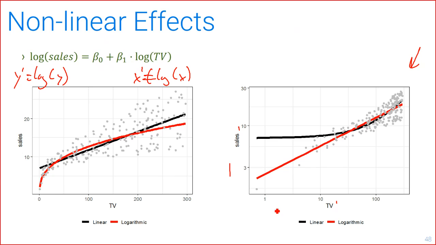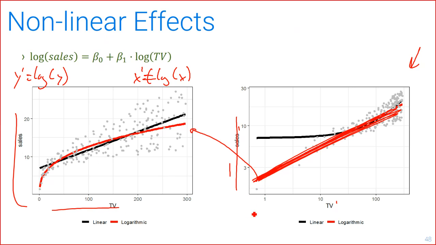It's like transforming the data and then fitting the linear model. This red line here corresponds to that one. So this nonlinear curve here in the linear scale is actually a line in a log scale. This is what we're doing. We are transforming the variables before fitting the model. So if you look at the transformed variables here, we're just fitting a line. It's all the same.